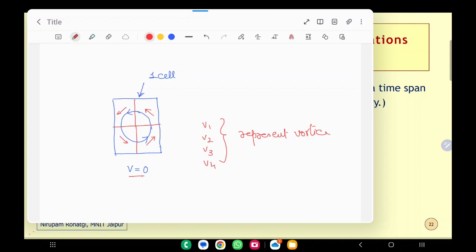Now you can further divide it, right, and what will happen is that suppose you divide this cell, okay, let us make it here. We have a cell like this, and this is the velocity, right, and we assume we approximated it with this velocity.